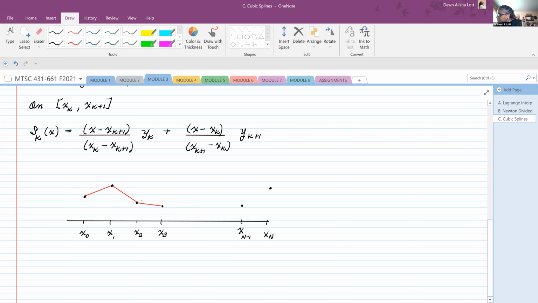Actually, I'm wrong. This one is S0 of X, and this one is S1 of X, and this one is S2 of X. And then down here, this one would be Sn minus 1 of X, where each one is linear.